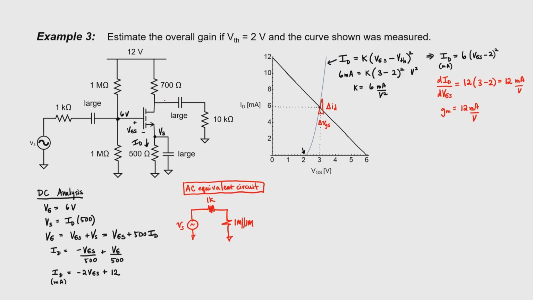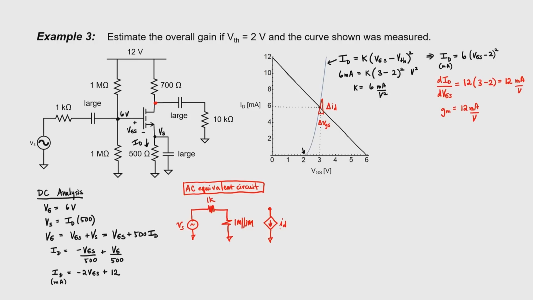Let's now think about our AC output voltage. At this point in the circuit, we have the MOSFET, which functions as a current source, sucking current out of that point. So let's draw the MOSFET as a current source with a current of I sub D, the drain current. Now, what is that drain current?